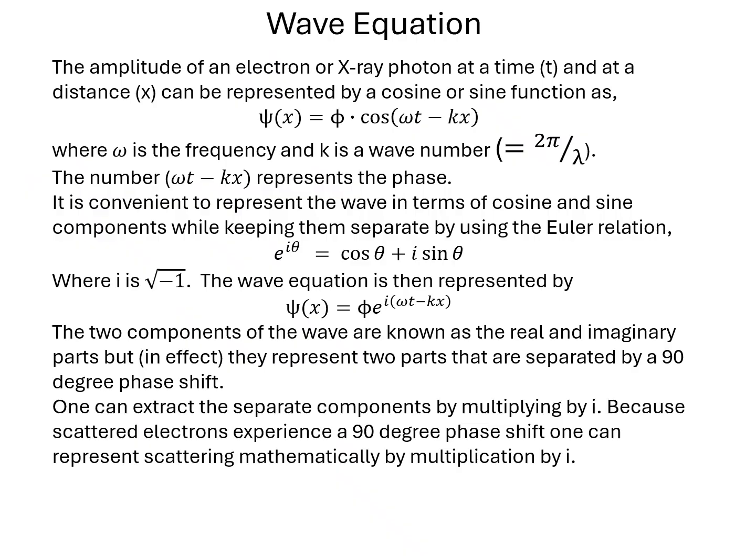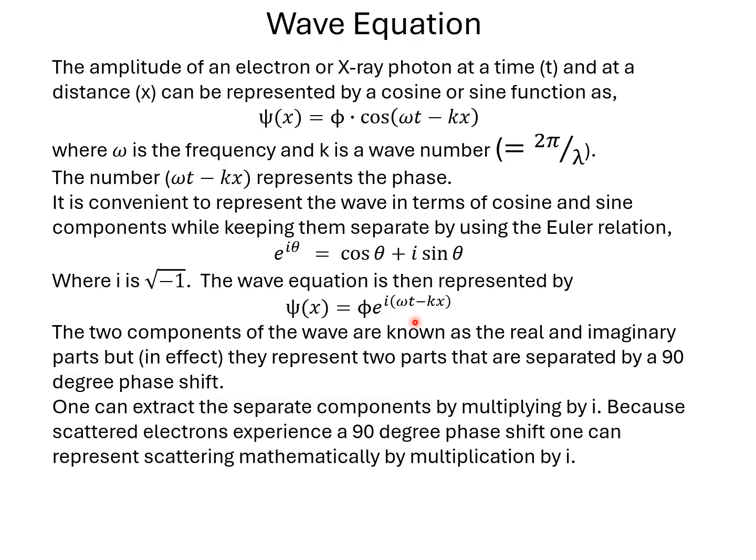Okay, so now we get into the theory. This will be the last part. I introduced, certainly for the case of structure factors, in order to calculate structure factors, that the wave is typically represented by this Euler number.